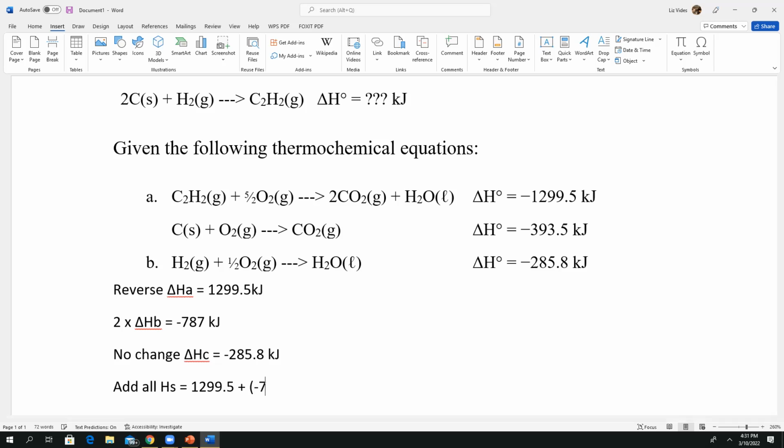Negative 787, and we're just not putting the kilojoules, which is bad, but it takes longer. And then we're going to have a negative 285.8, right? And that's going to equal the number that I got, which was 267.7 kilojoules. All right, and that's it. That is correct.